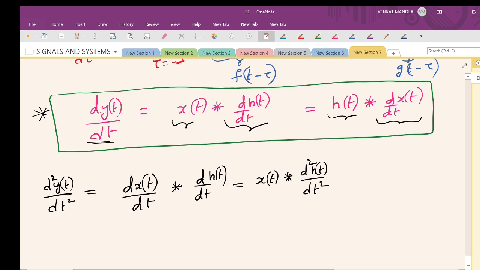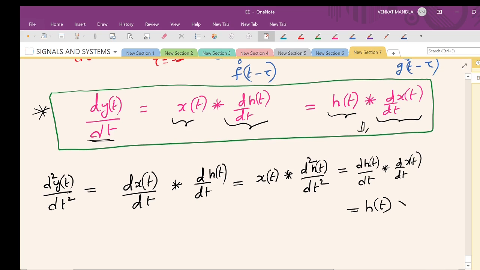Or from this, I will differentiate h of t, dh by dt, and I don't do anything on d by dt of x of t. Or I don't do anything on h of t, and I differentiate d by dt of x of t, so d square by dt square of x of t.